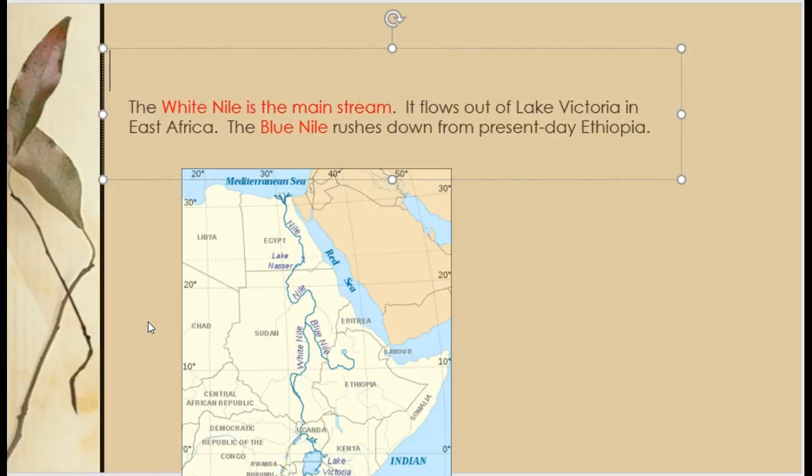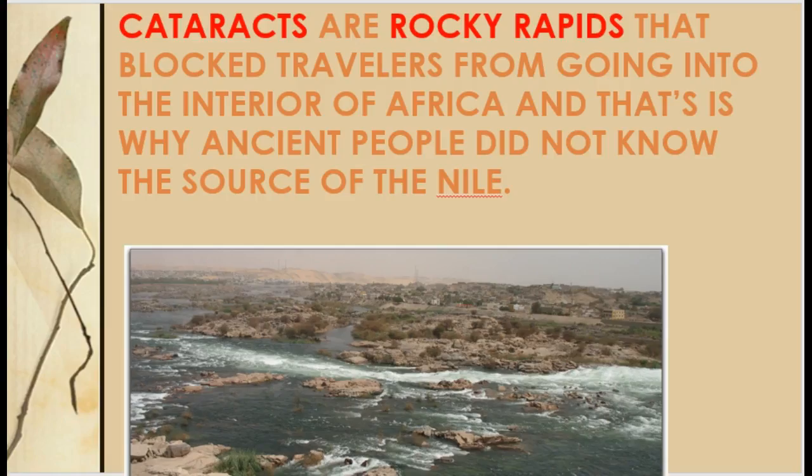So you might be wondering, so you have this great river that could be transportation. People could go up and down it. There was one problem though, and that's why the people of Egypt right here did not get to find these sources, the two lakes, is because right here, these cataracts were rocky rapids.